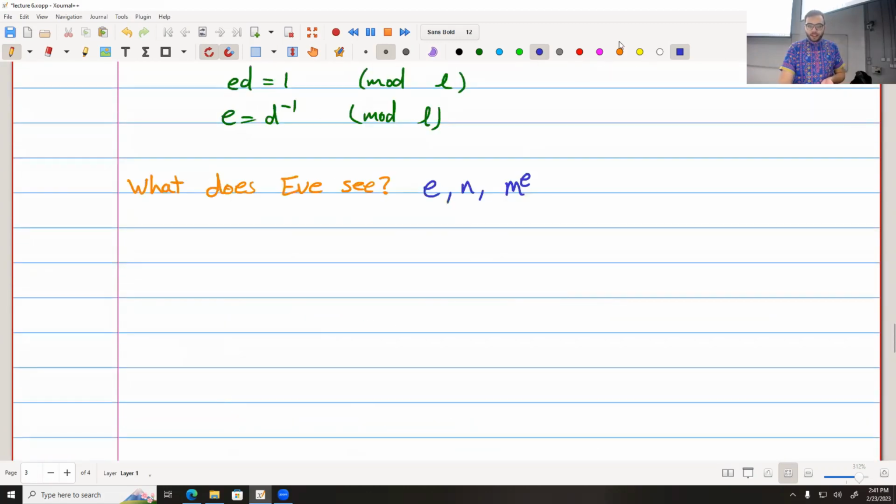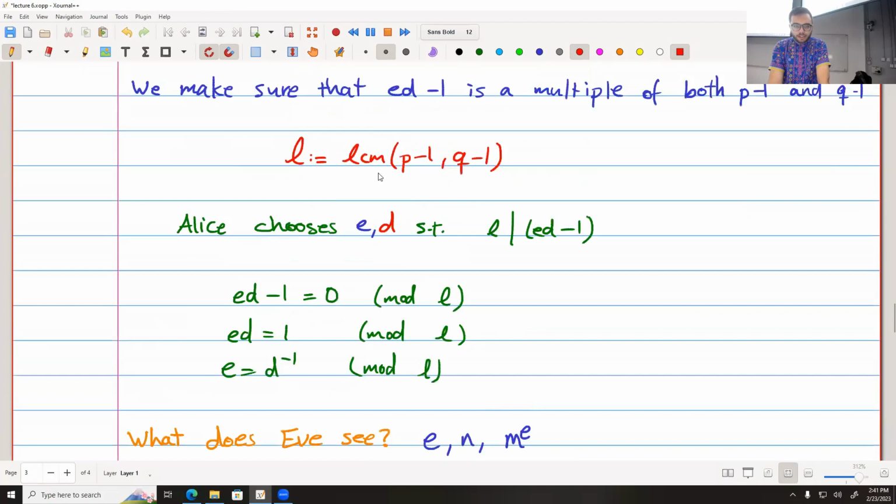But here, the problem is that my decryption key D is supposed to be the modular multiplicative inverse of E, but this is modulo that number L, right? So instead of n minus 1, now I need the inverse modulo L, but L was the least common multiple of P minus 1 and Q minus 1. But as Eve, I don't know P and Q, so I don't know P minus 1 and Q minus 1.